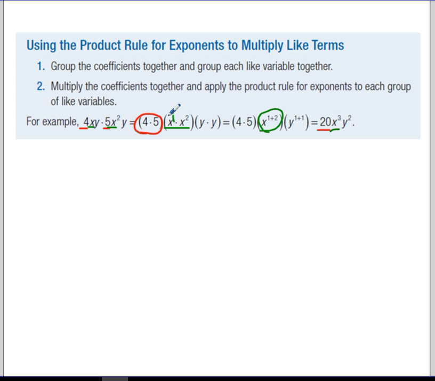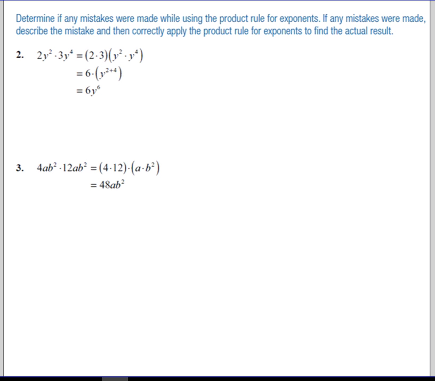And then for our y's, we have a single y times a single y, or again, 1 plus 1 will give us y squared. So you're multiplying those coefficients, those front numbers, and adding exponents to combine your y's together, your x's together, any variable that they give you.